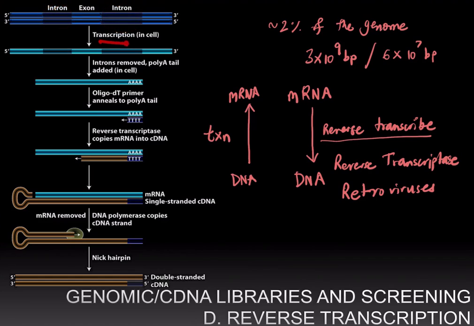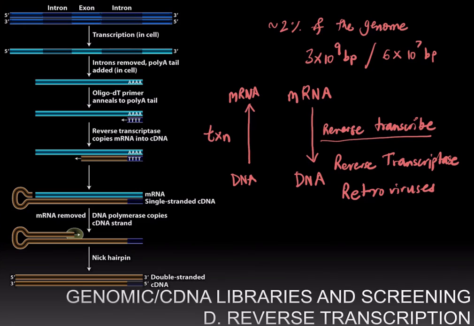And then this gene is transcribed in the cell to create a pre-mRNA, which contains the exons and the introns as well. And this pre-mRNA is processed by the splicing machinery to remove the introns, and subsequently a poly-A tail is added to the RNA.